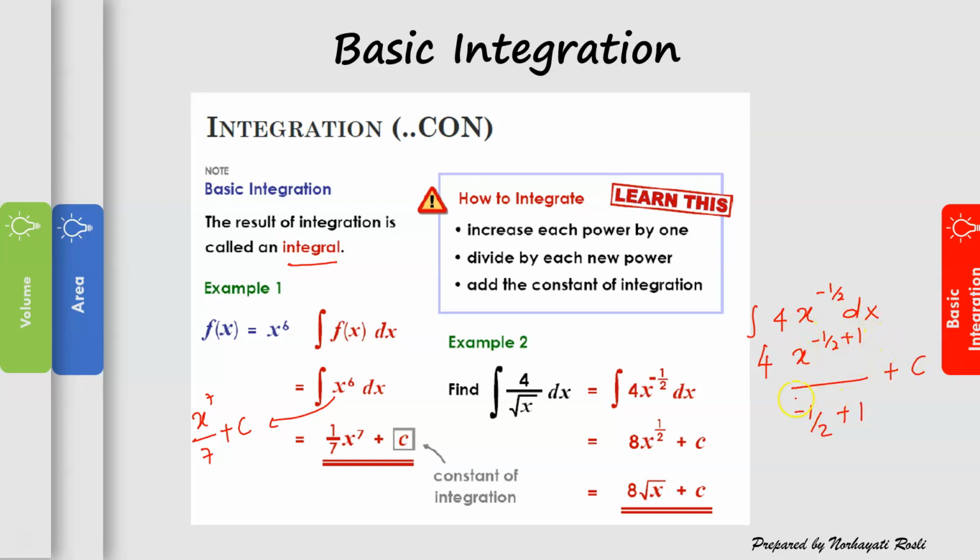When we solve this part, we get 4x to the power of 1/2 over 1/2 plus c. Simplifying, you get 8x to the power of half plus c, which we can write as 8 times the square root of x plus c.